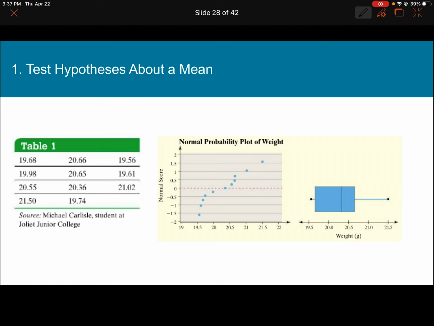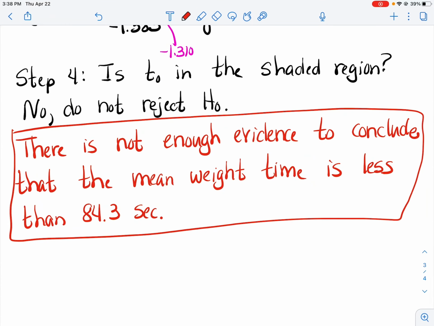Now you'll notice here you have your table 1, which has the values, the weights of those Snickers bars. We need to know the mean and the standard deviation of those Snickers bars. Now to find the mean and the standard deviation, you use your calculators.